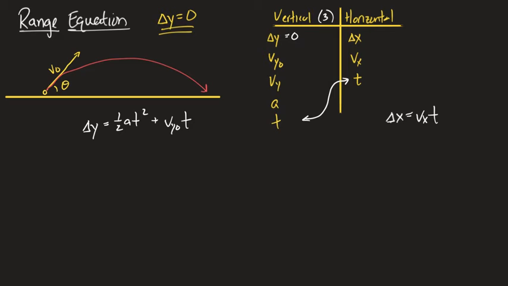We're going to start by saying that we know that under these circumstances, the initial y velocity is v naught sine theta. We talked about this the other day, that we can use a little bit of trig to break up our velocity into rectangular components. A horizontal component and a vertical component. V naught sine theta is the vertical component, the initial y velocity.